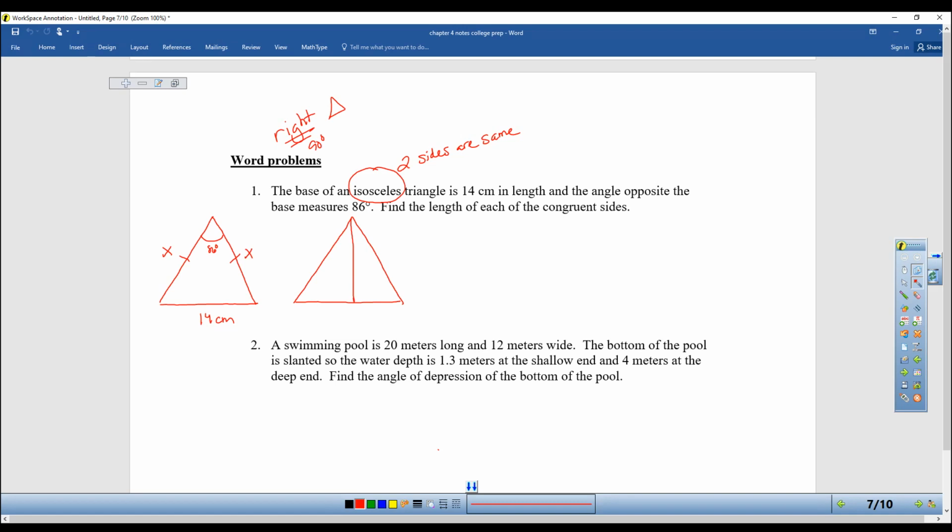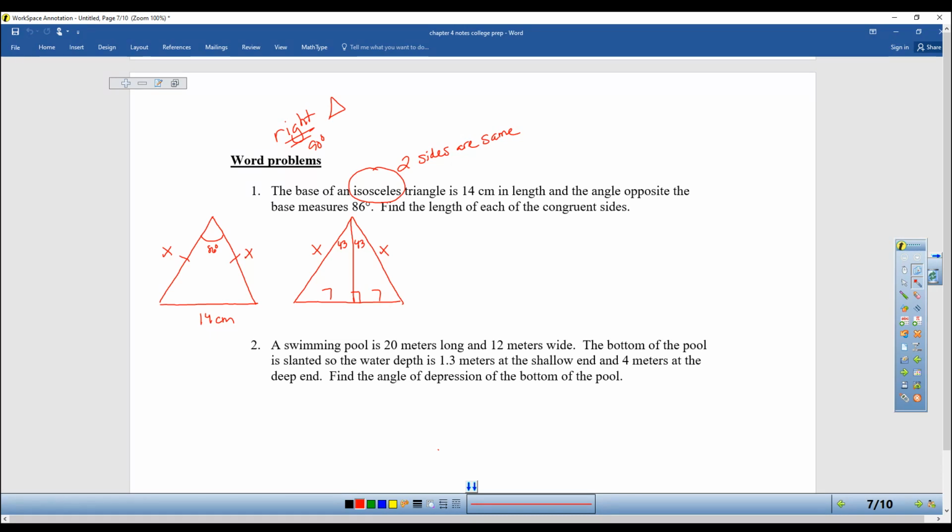I don't know if you remember that from geometry, but if you drop a perpendicular in an isosceles triangle, it will always make two equal triangles. So if this was 86, now it's 43 and 43. And then this is 90, and it'll bisect, which means to cut in half the base. So this will be 7, and this will be 7. So you really need to remember some things from geometry to do this problem.